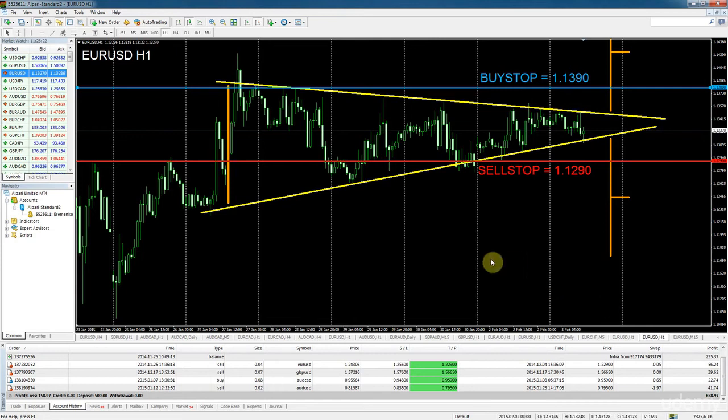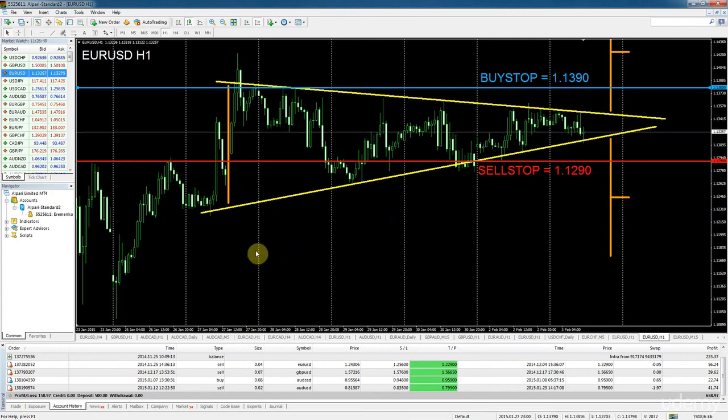As you can see in front of us here, we have the euro-dollar hourly time frame, and I've marked out some findings that I have located on the chart. Let's concentrate on the yellow lines to start with. We've got a triangle marked out, and we discussed triangles previously in this course.